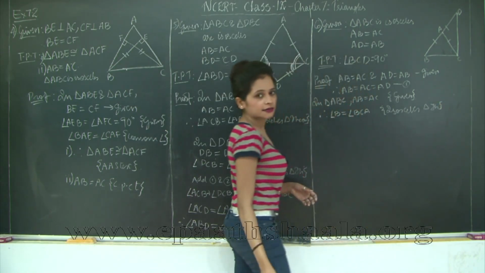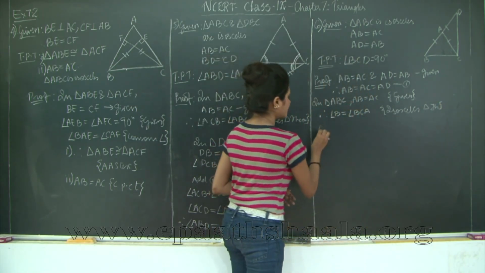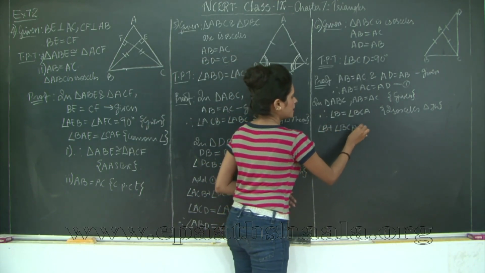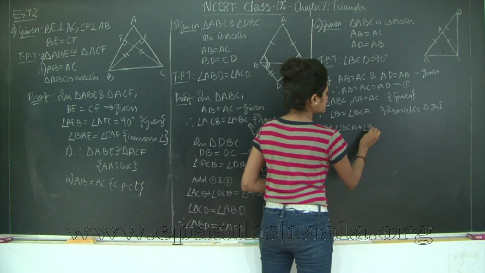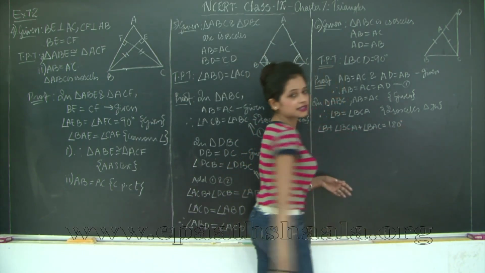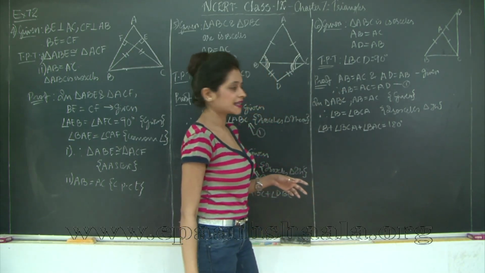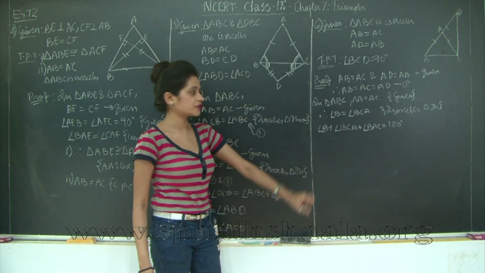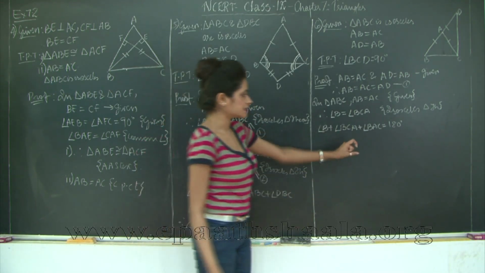Now also in the same triangle, what do I have? I have angle B plus angle BCA plus angle BAC is equal to 180 degrees. This is from the previous chapter, chapter 6, lines and angles, wherein the last section mentioned that the sum of angles of a triangle is 180 degrees, correct?